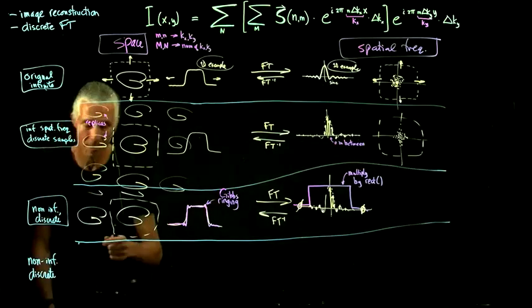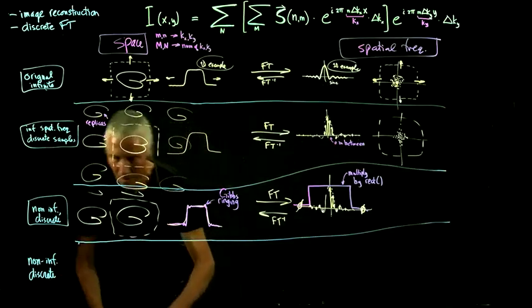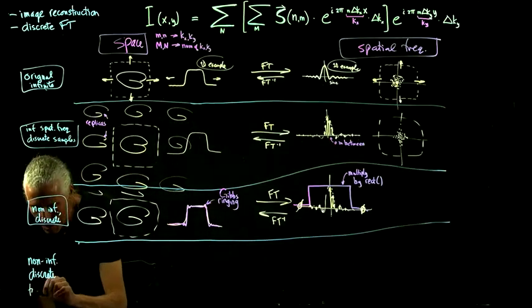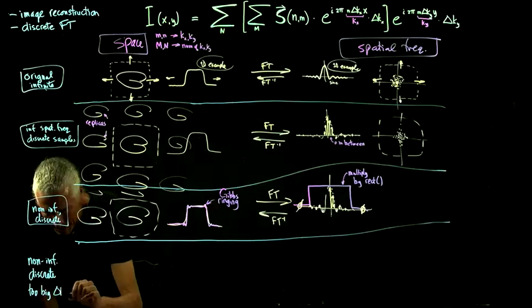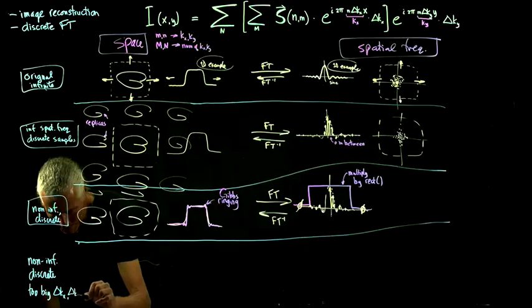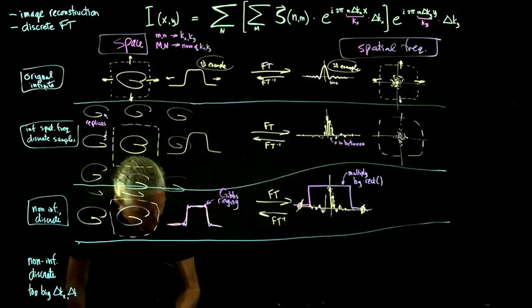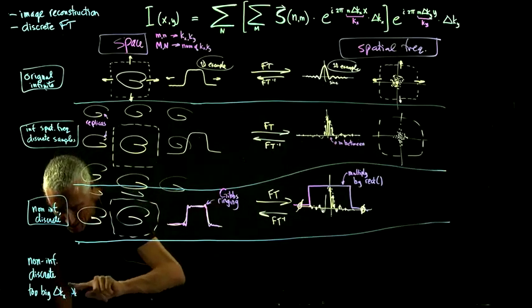That means just sampling, but too big a delta kx, delta ky. I think in my notes I just did too big delta kx.